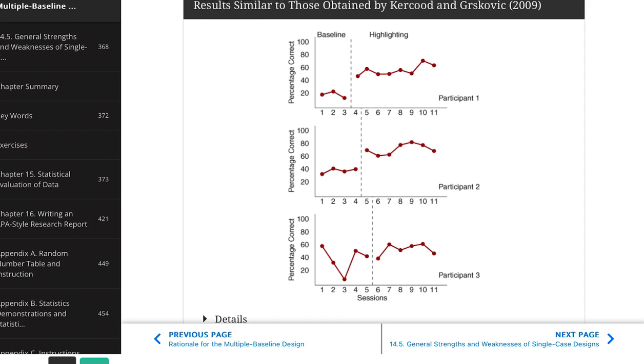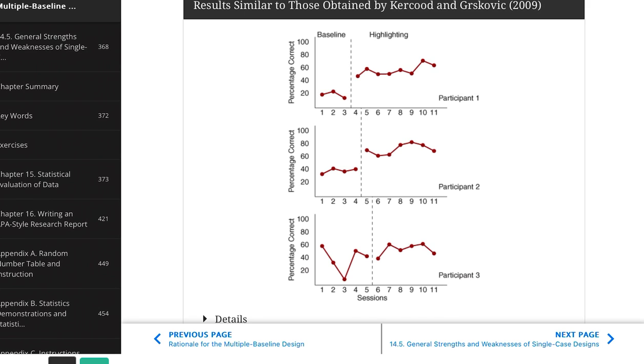And so the question is, why? Why wasn't it a clear and defined increase in performance like it was with participants 1 and 2? And likely this has something to do with just the individual differences in the way that participant 3 learns. And so that can be problematic.